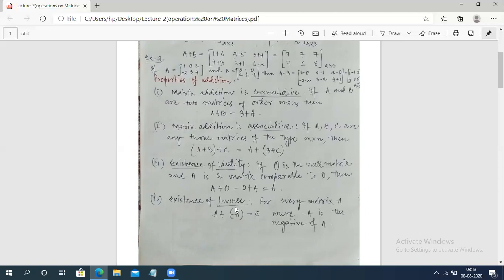Now, existence of inverse. If we have a matrix A, then the negative of A, that is minus A, will be the additive inverse of the given matrix, because A plus minus A will give the additive identity, 0. So minus A is the additive inverse of the given matrix A.